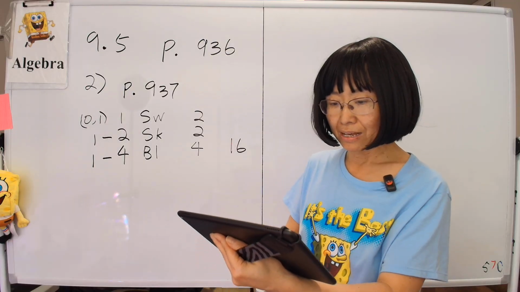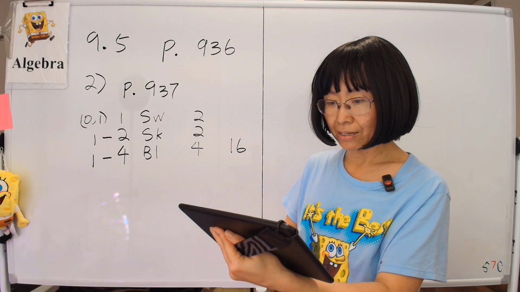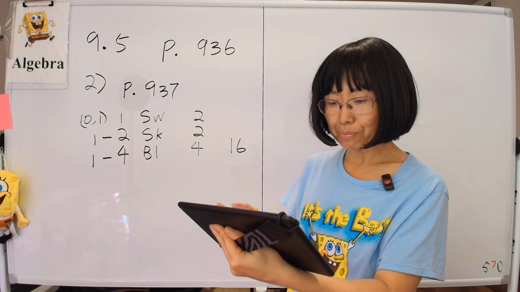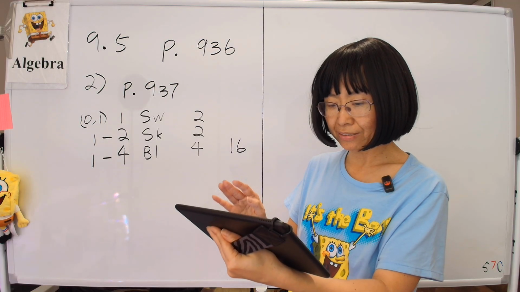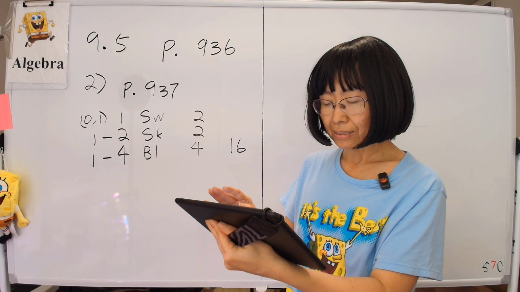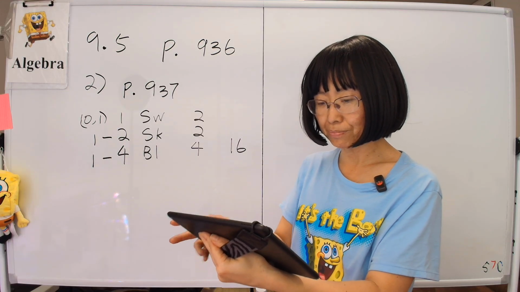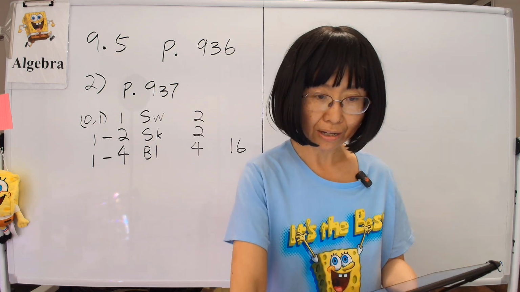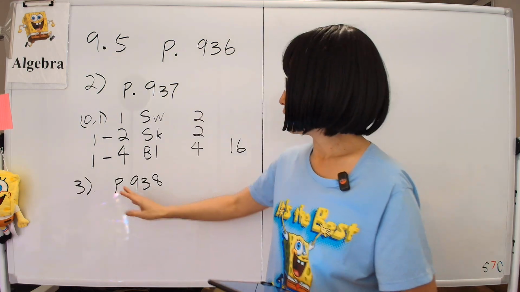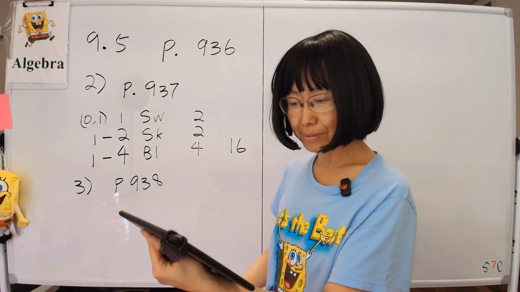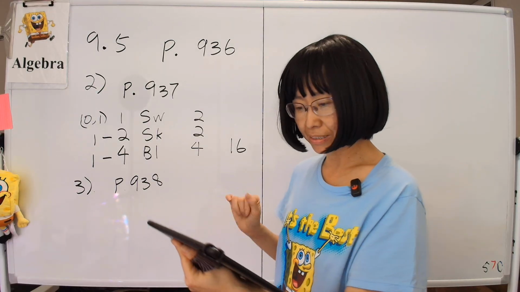So let's go on and look at example 3 on the following page. Okay. Now, find the number of permutations using the multiplication principle. Example 3 on the following page. So let's look at example 3, where there is a swimming competition and there are 9 swimmers competing.